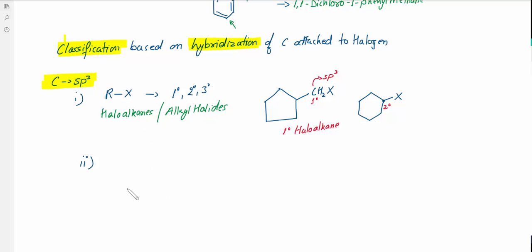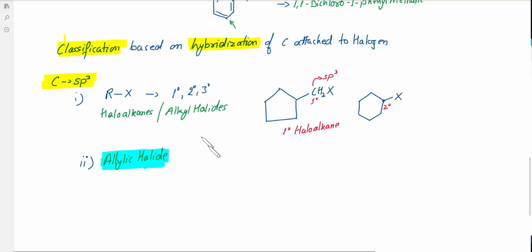That is haloalkane, the first one. Next, which we have already seen, this is called allylic halides. Right. So again, this is important. We'll see them one by one.